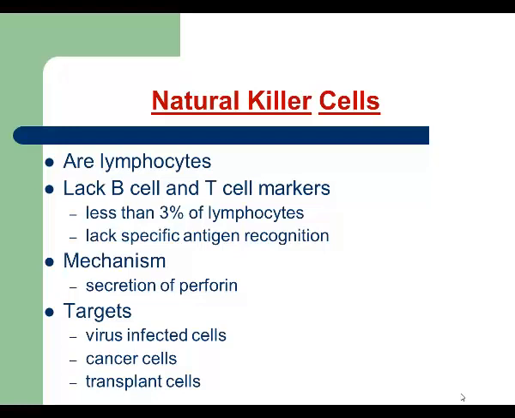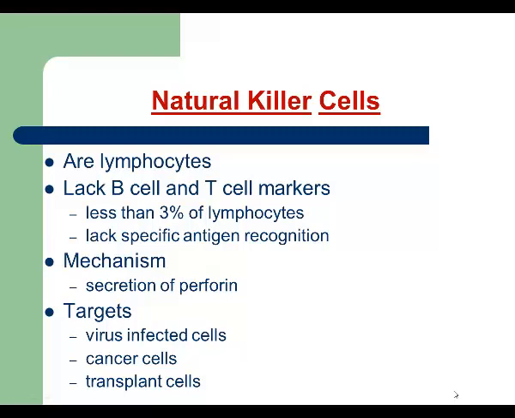The natural killer cells, or NK cells, are another part of the second line of defense that protects us against viral infections. What you have to remember about natural killers is, first of all, those are a kind of lymphocytes. Because natural killers are part of the second line of defense, and you remember the second line of defense is the non-specific line, that means natural killers are non-specific lymphocytes.